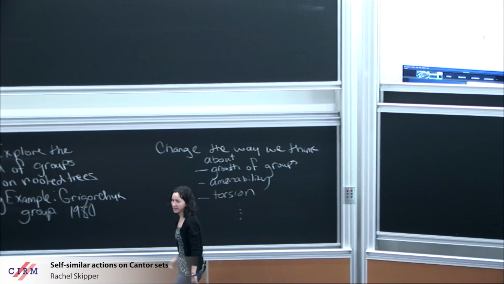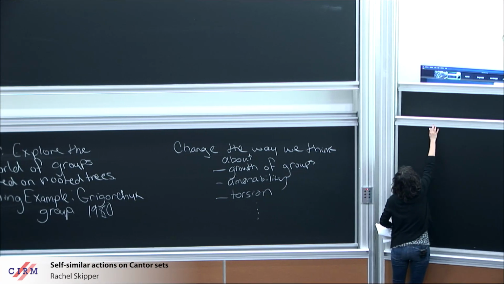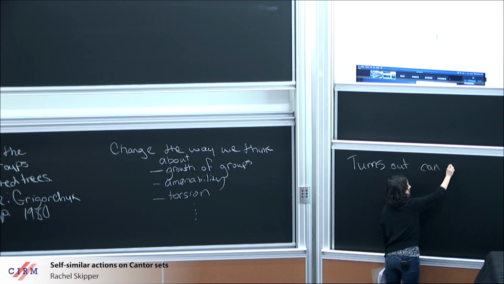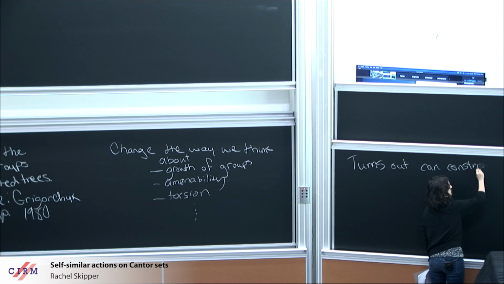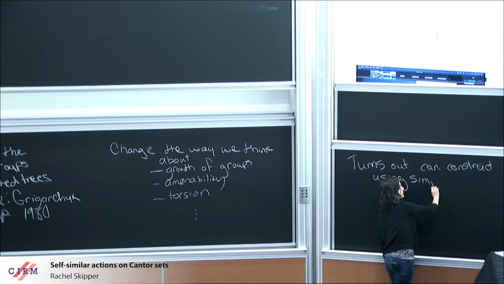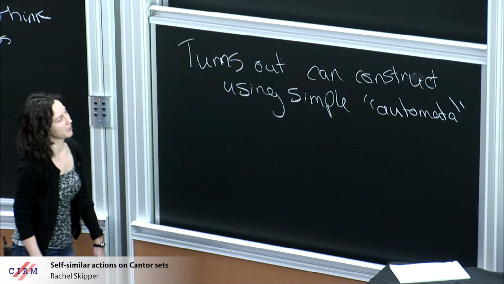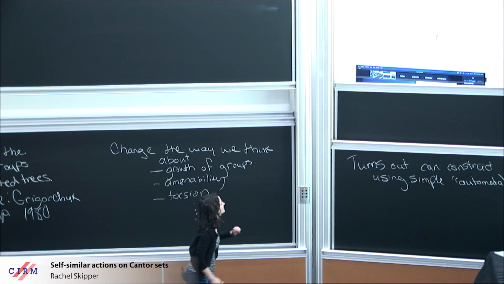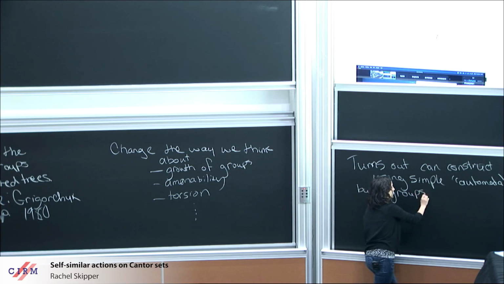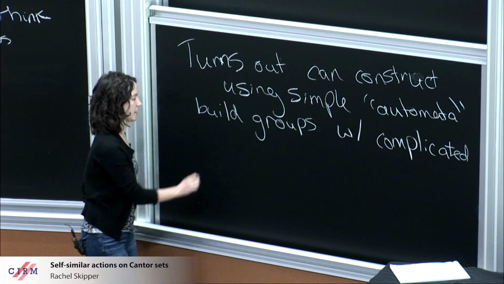When he introduced this group in the 80s, it turned out that using these methods you can construct, using "simple automata" (I'm putting this word in quotes because we will define this probably on Wednesday), groups with complicated properties and structure.